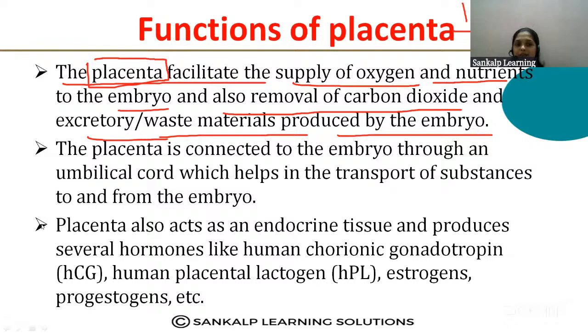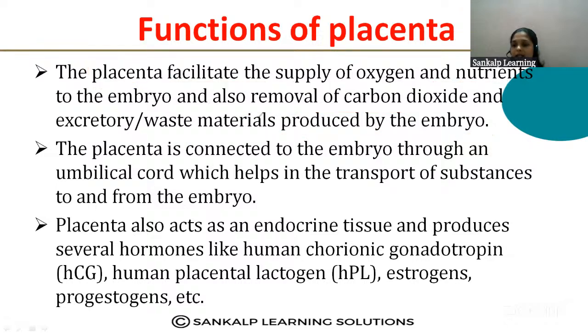So the first function is the supply of oxygen to the developing embryo, and nutrient supply is also by the placenta, and removal of the carbon dioxide produced in the embryo, and some waste materials, nitrogenous waste, are also removed by the placenta.